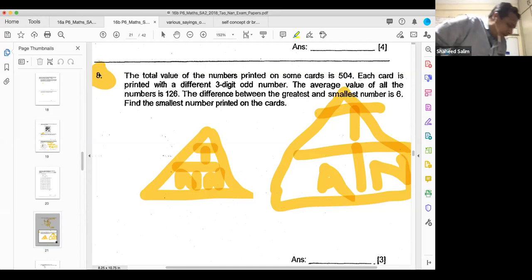Okay, this is quite a tough question. Anyone got the answer?